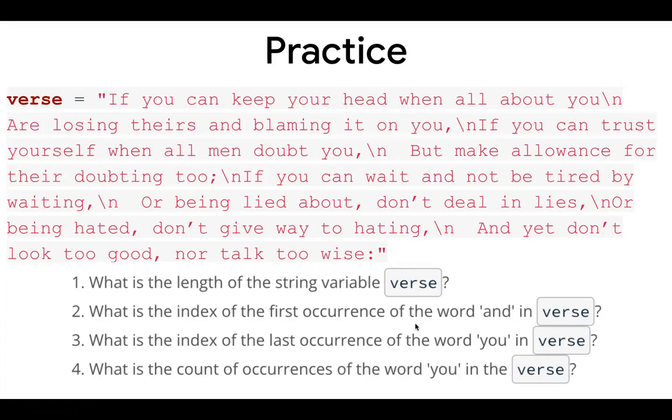Yeah, so if it says the word and and its first occurrence, then let's find it here. So this is the first occurrence, right? And what's the index of this first occurrence? 0, 1, 2, 3, 4, 5, 6, 8. So maybe I have a mistake here, because I say that it, oh no, it's right. One.